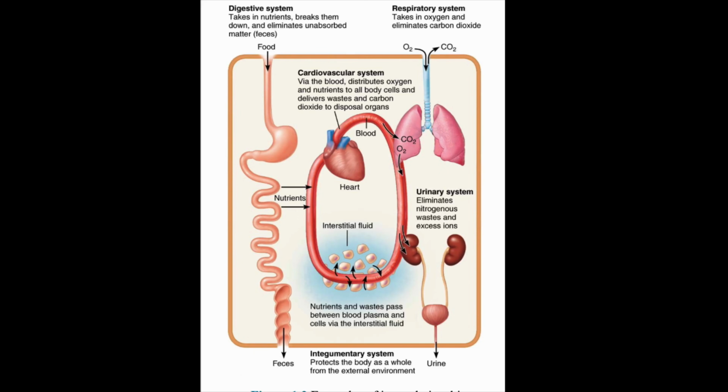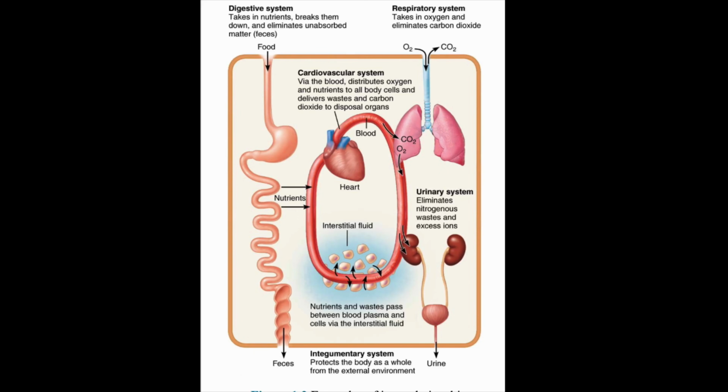For example, the digestive system will take in nutrients such as carbohydrates, like sugars, and proteins and lipids such as fats, and the alimentary tract will break them down. Anything that is not absorbed will be eliminated in the form of feces.